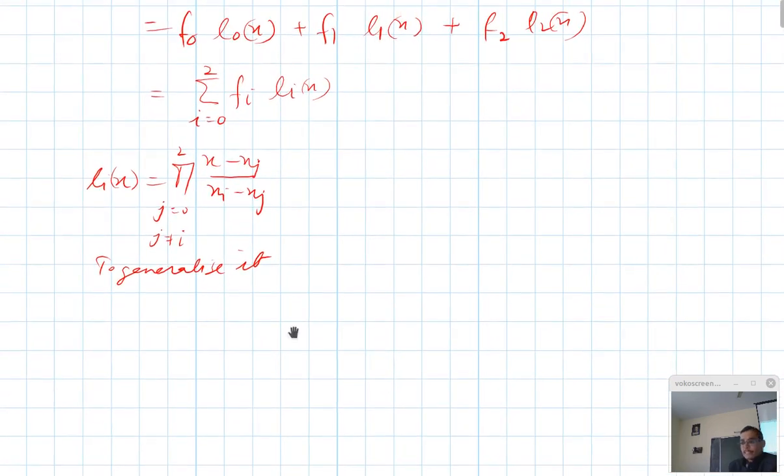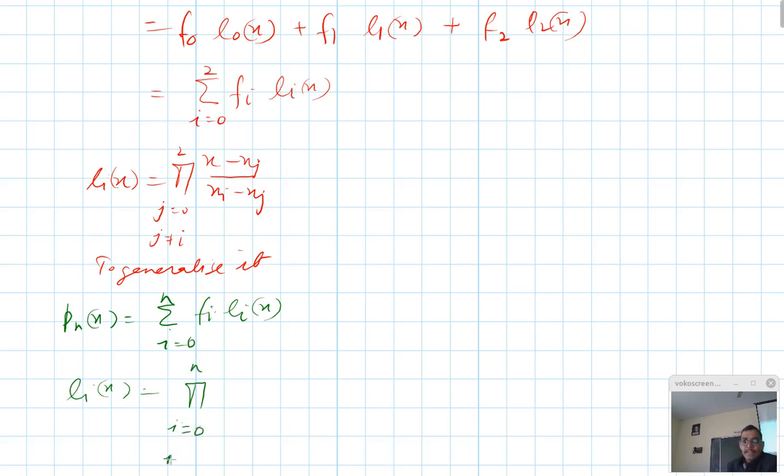And to generalize it, this Pn(x) is equal to summation i varies from 0 to n of fi Li(x), and here Li(x) is equal to product, j varies from 0 to n and j is not equal to i, of x minus xj over xi minus xj.